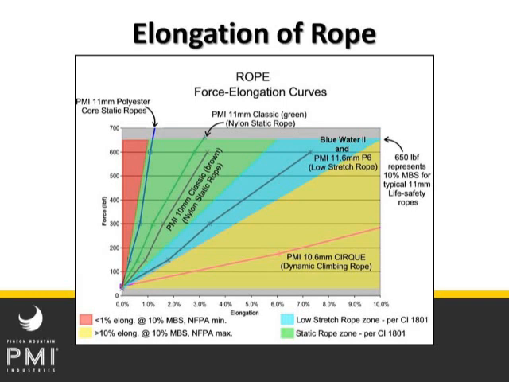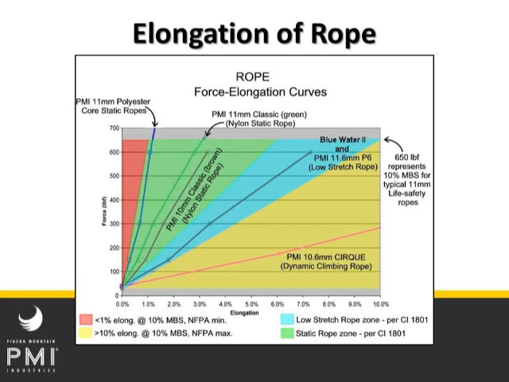If it's in the red zone, it's below the 1% that NFPA allows. You have to have 1% as the minimum. The green zone is the 1 to 6% of the static rope, the blue zone is the 6 to 10, and the yellow zone is everything greater than 10, which would include dynamic ropes.